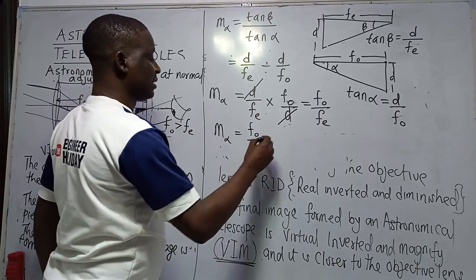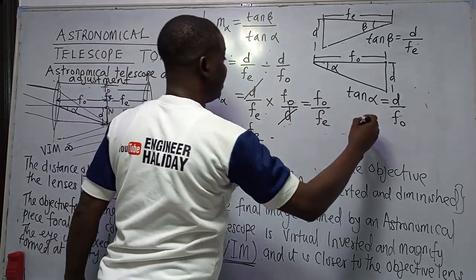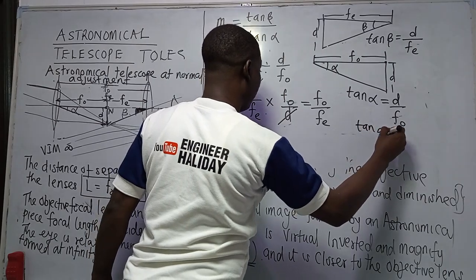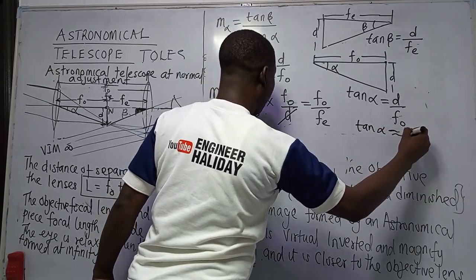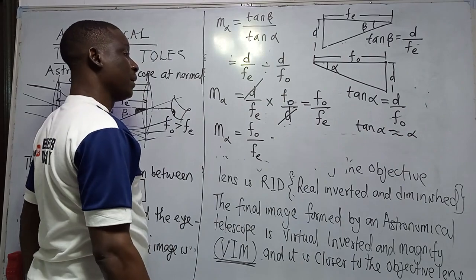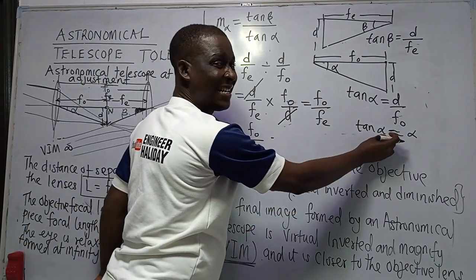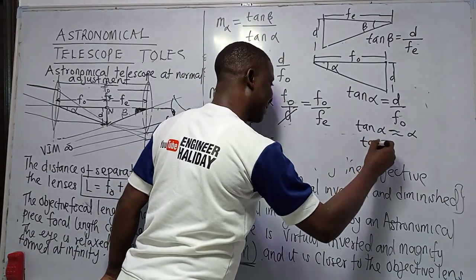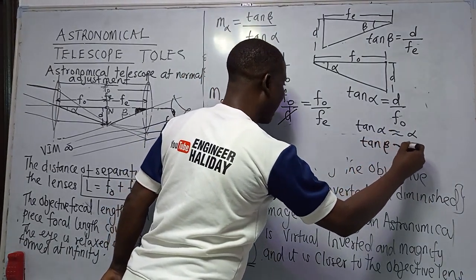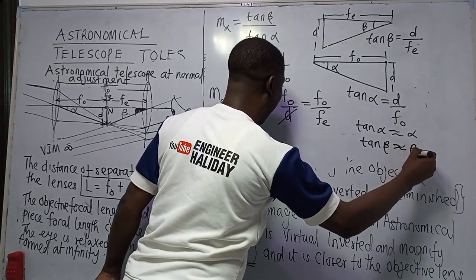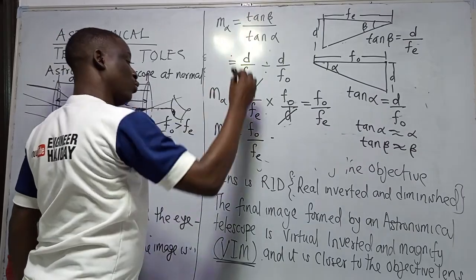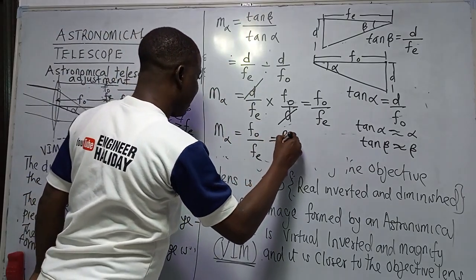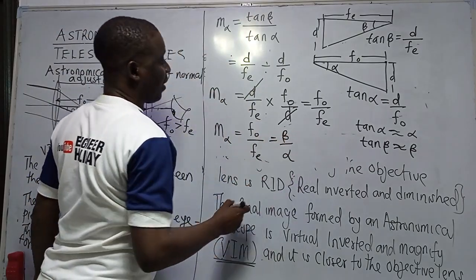Another thing you can say is that tan alpha is approximately alpha, because this is a small angle. Similarly, tan beta is approximately beta. So we can write the equation as beta over alpha.